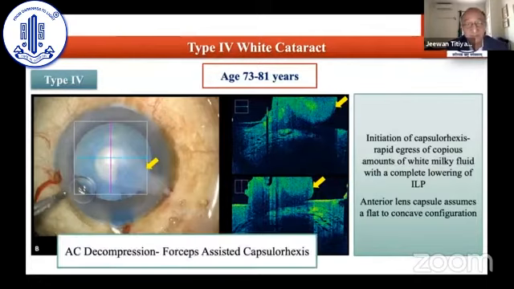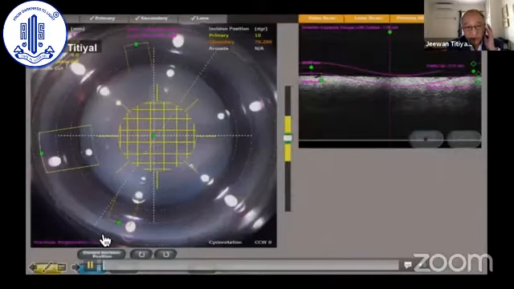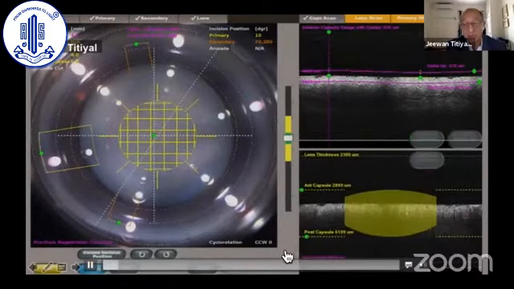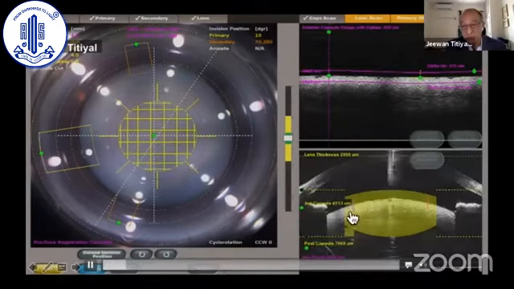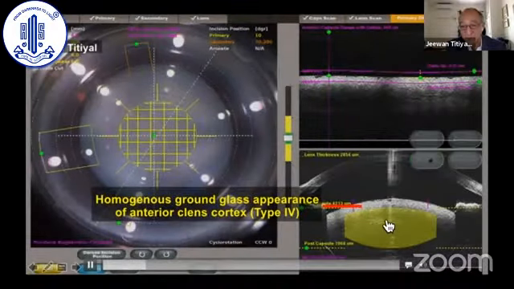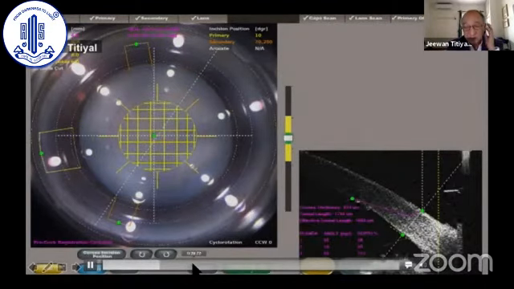in these cases. In femtosecond laser also, as we discussed for posterior polar cataract, the same thing can be assessed with white cataracts also. And we can classify the white cataract based on the OCT picture. You can see a homogeneous background behind the anterior capsule. You can see here with a little bit of cortical fiber hydration. So there is a chance of raised intralenticular pressure here.